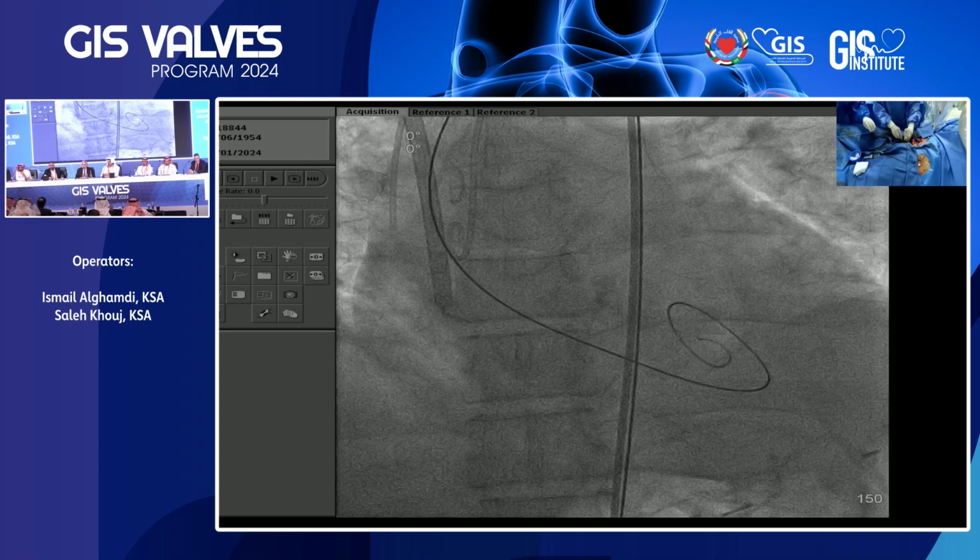I think if we are using the balloon for pre-dilatation, we have to take the size into consideration, because the aim of the balloon is to prepare the bed for the valve.